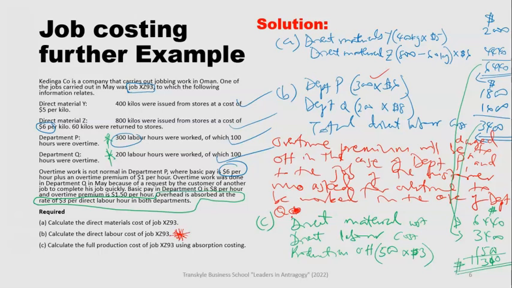That's going to be the total production, the full production cost of job XZ93. Done. So please, whenever you face a question in this regard, don't waver, just act like a man or a determined woman, so that you just face the enemy and walk over. Alright, let's move on.